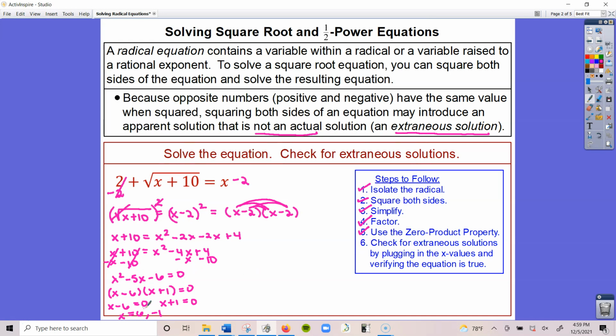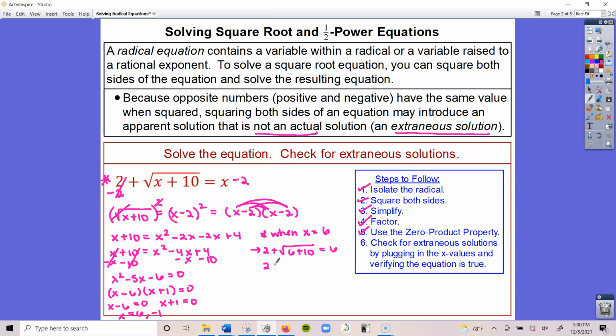How we do that is we take our x values and plug them into the original equation. So let's start when x equals 6. I'm going to plug it in here. 2 plus the square root of 6 plus 10 is equal to 6. So I plugged x equal to 6 into every x.